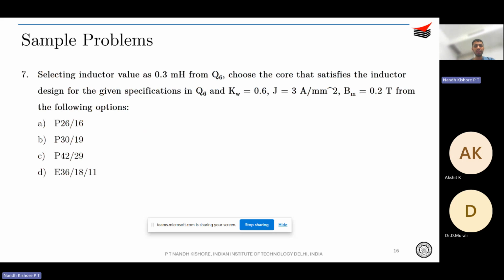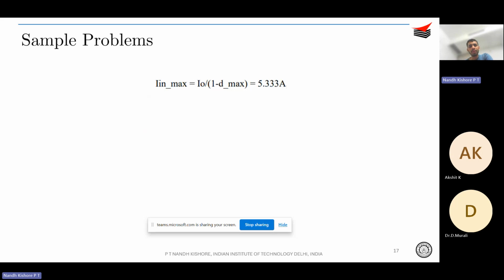So if you need to choose the core, obviously you need to compute the area product, and you ensure that you are able to fit the number of turns within the given window area. Again, I in max is given by I naught by 1 minus D max, that is 5.33 amperes.